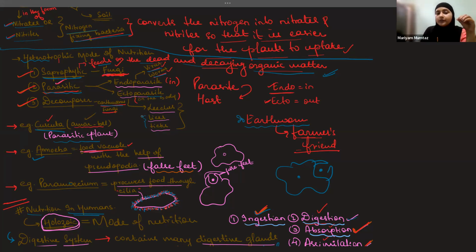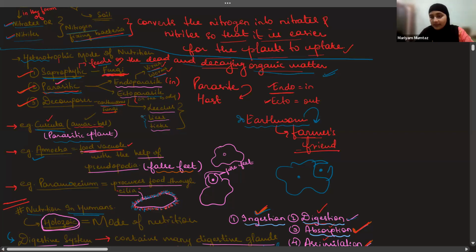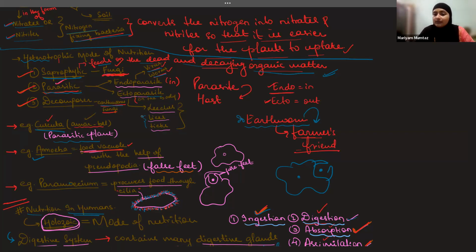Earthworms are among the greatest decomposers, and since they decompose so nicely, they are most commonly known as the farmer's friend. Why a farmer's friend? Because earthworms are present in the soil, and they decompose twigs and dead stuff in the soil and make more and more nutrients in the soil. This is the reason the earthworm is called the farmer's friend.